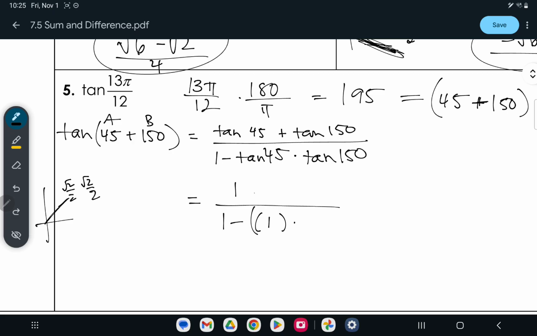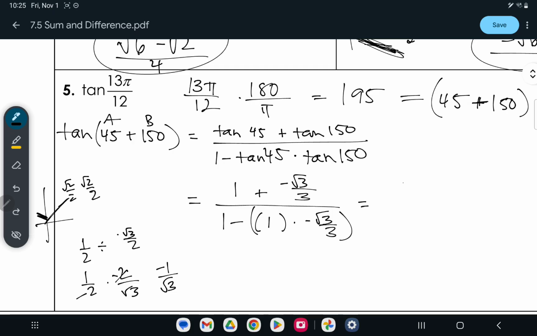And let's do tangent of 150. 150 is over here, and that's 1/2 divided by negative root 3 over 2, which is really 1/2 times 2 over root 3. The 2's will cancel, so negative 1 over root 3, which rationalized is negative root 3 over 3.